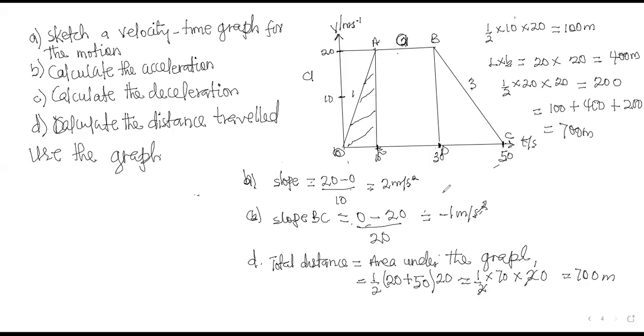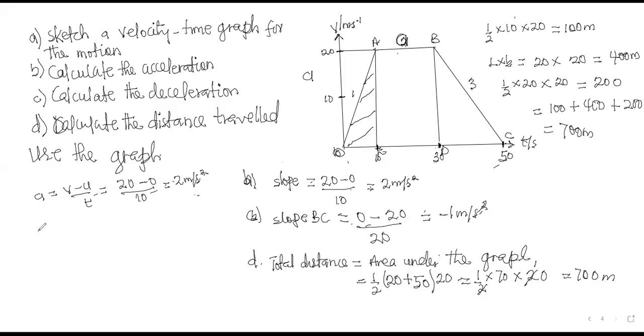Okay. You can also play around using equation of motion. For the first acceleration, V minus U all over T. V is 20, U is 0, T is 10, so 2 meters per second squared.